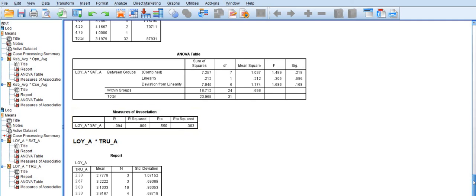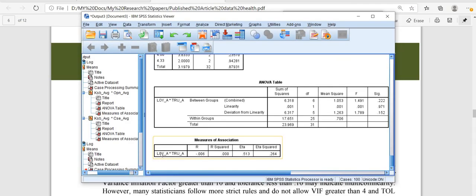And for the second variable pair, loyalty and trust, R is 0.006 and eta is 0.513. Therefore, the difference between eta and R is very large. Ergo, you will conclude that this pair of variables is not fulfilling the linearity assumption of a Gaussian linear regression model.